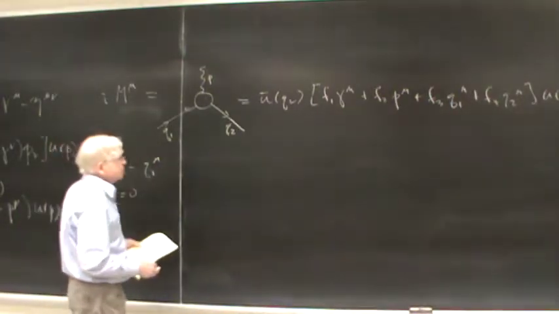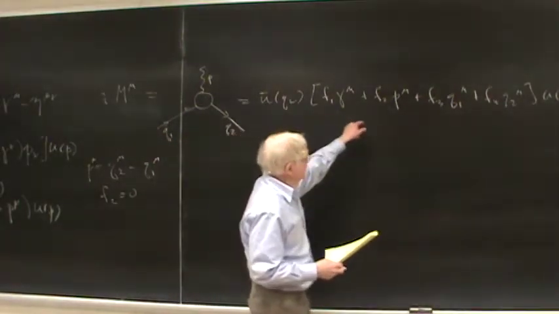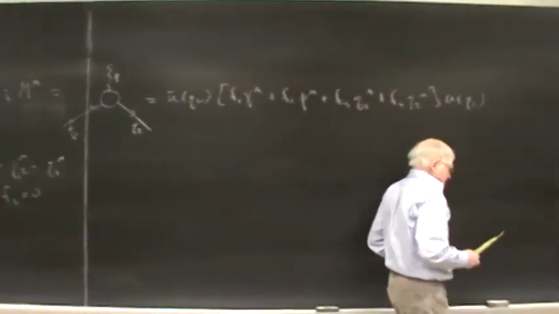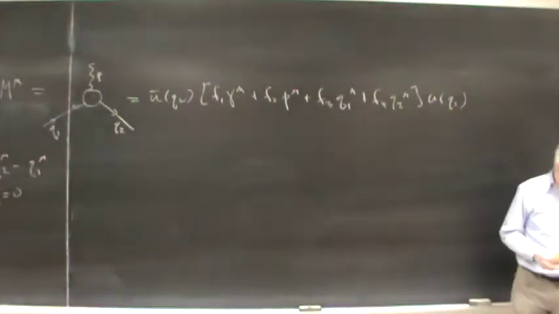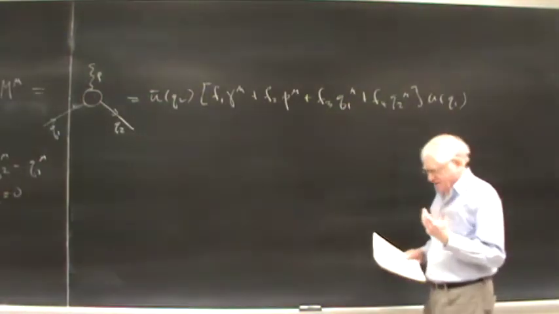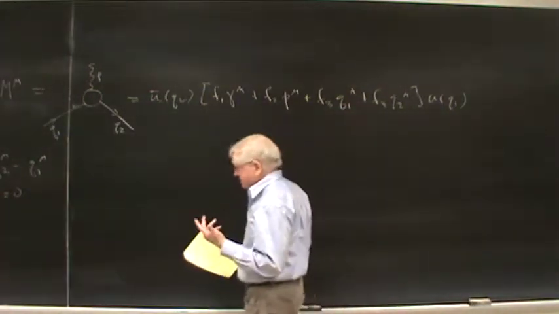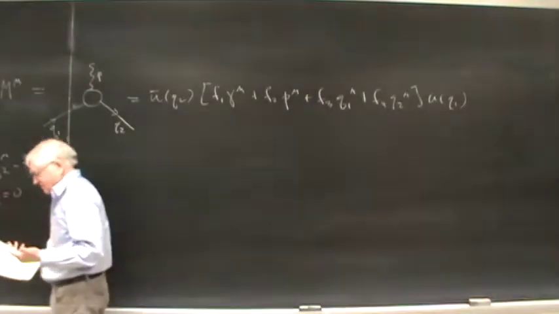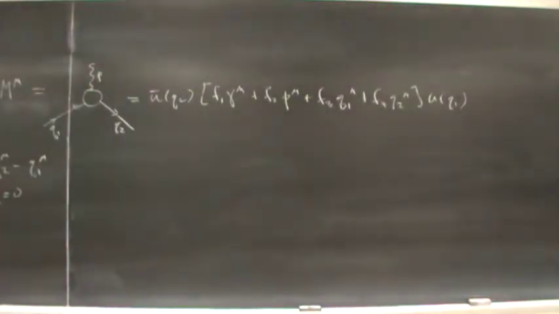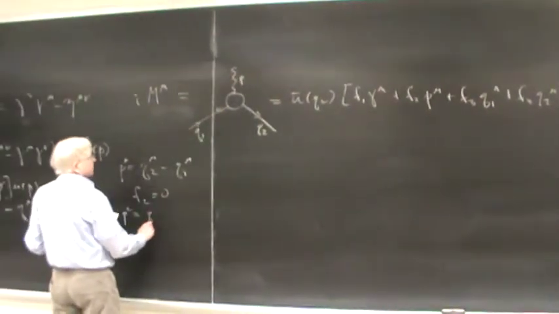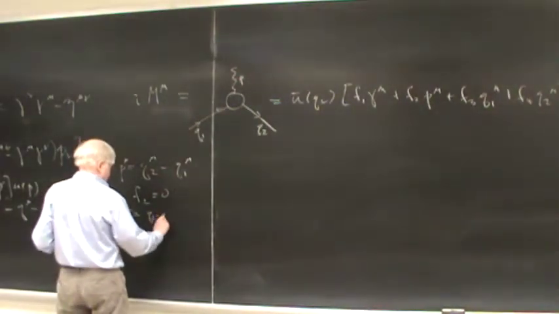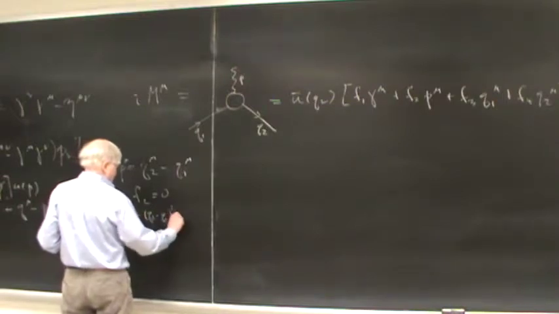It's also true that these F1, F2, F3, and F4 don't have any complicated matrix structure. They're just Lorentz scalars, and so they can just involve p squared, which is (q2 − q1) squared.